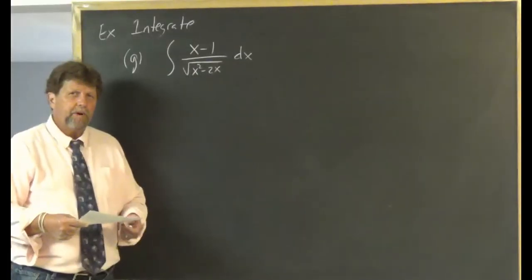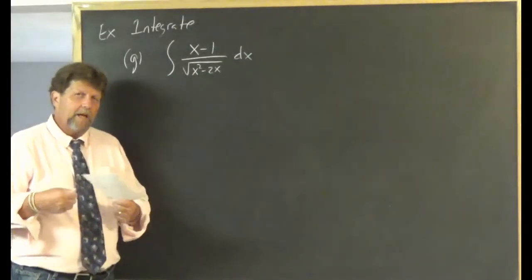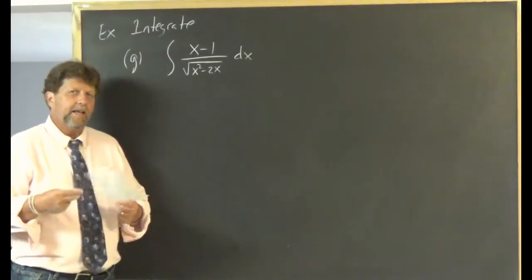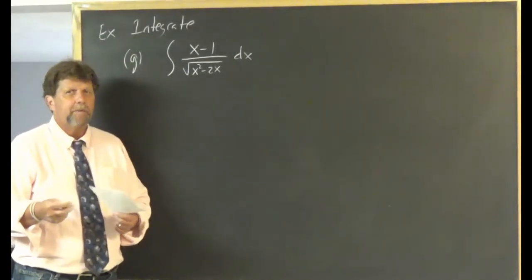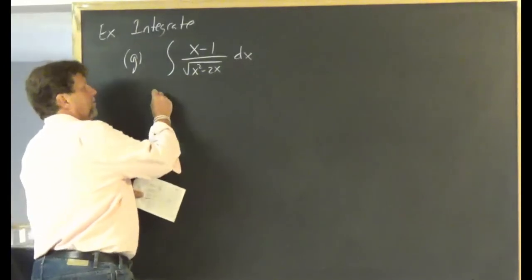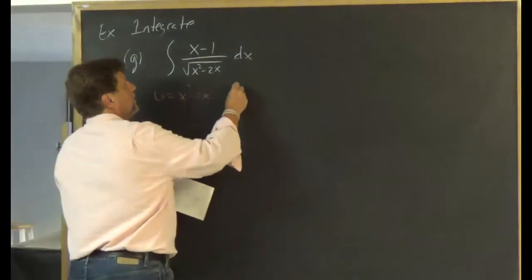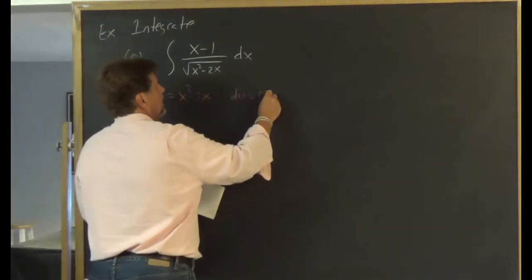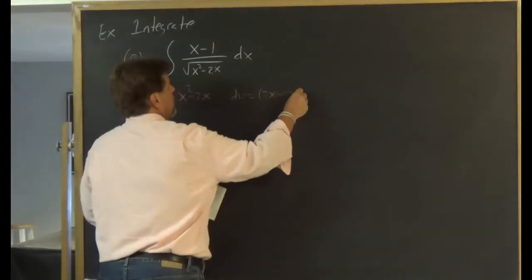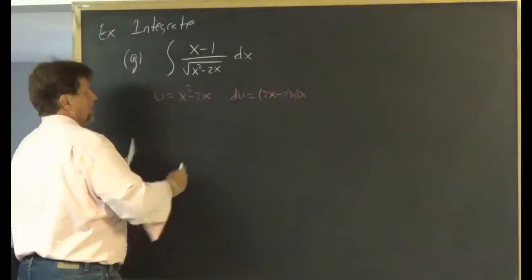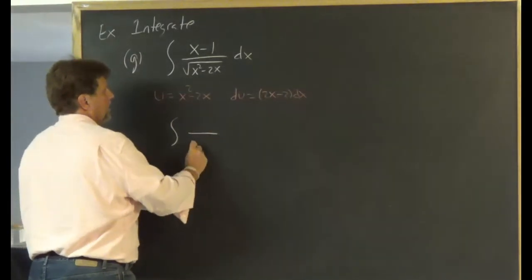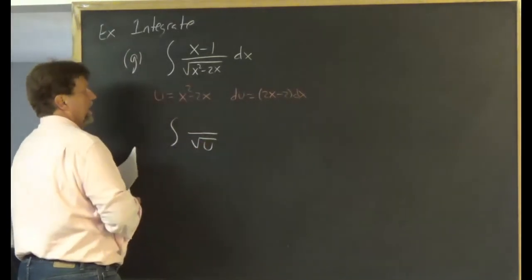Alright, let's see how you did on part G. After a lot of analysis, I look at it and I say, wow, you know what? This is just a basic u-substitution. If I let u equal what's under the radical, du is (2x minus 2) dx. So I have square root of u in the denominator.